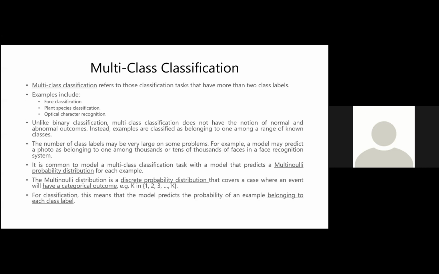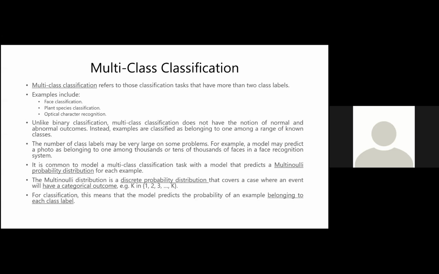In the multinoulli probability distribution, it's also a kind of discrete probability distribution function, which has a categorical outcome, as opposed to binary classification, where we have only two outcomes, either 0 or 1.